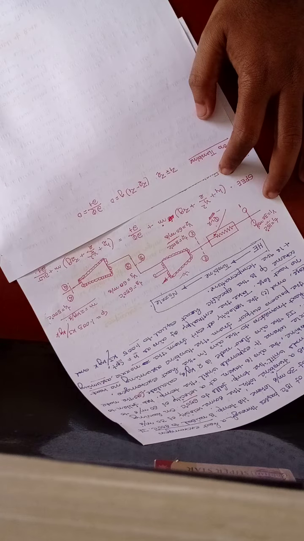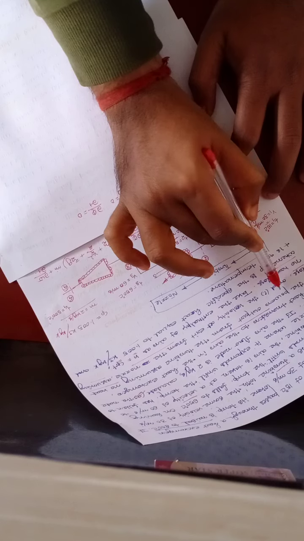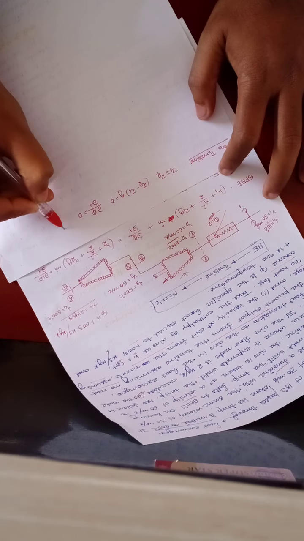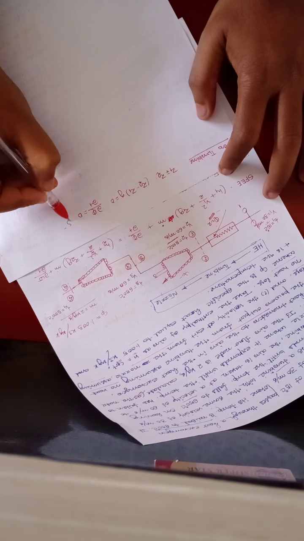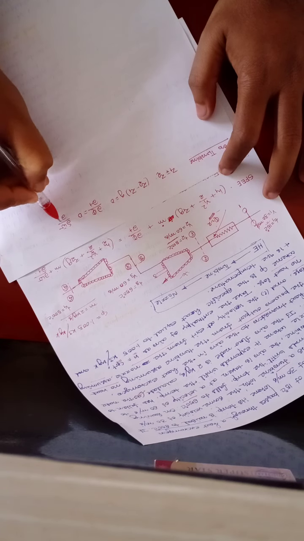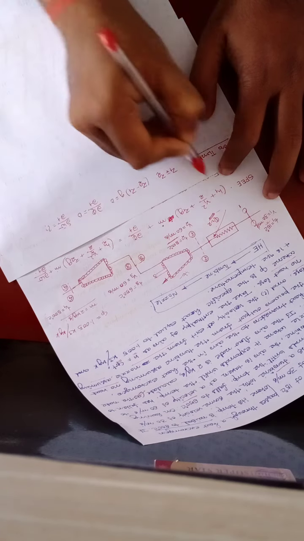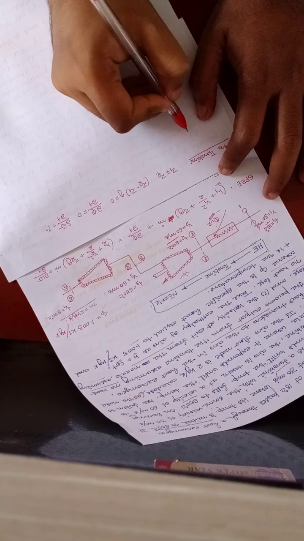Right? Fine. Now what has been told is that you have to find out the power output from the turbine, assuming no heat loss. Then we have to find out del W by del T. So let us apply this equation.